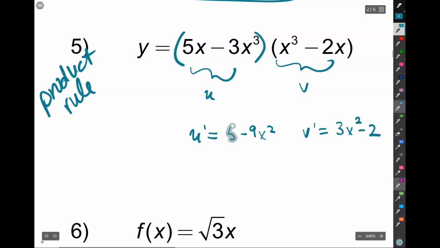So ideally, I'd like to review product rule: u dv plus v du. Oh my god, I did it again. I'm sorry, dv and v prime are the same thing.